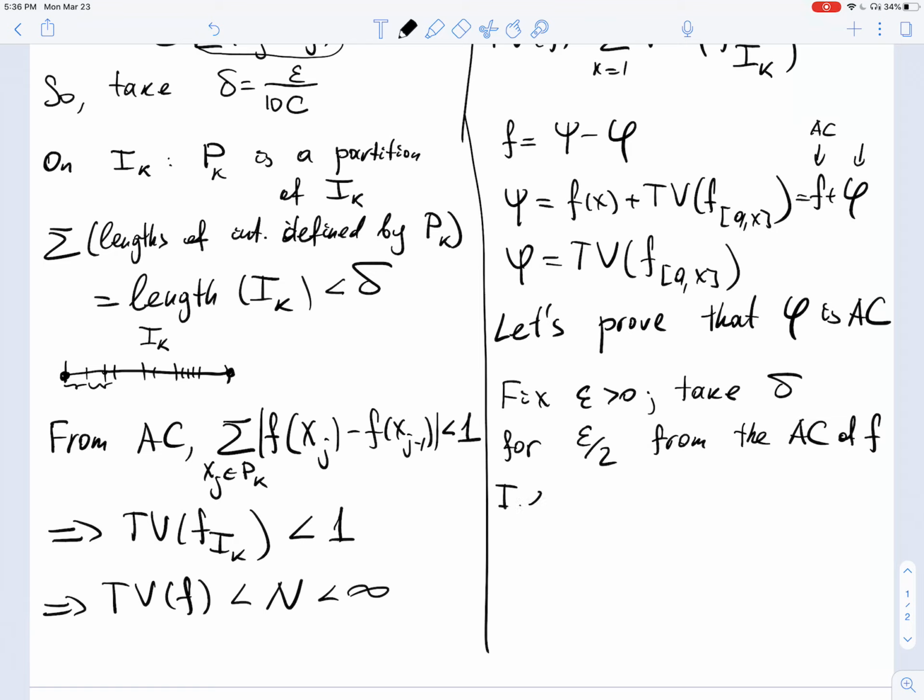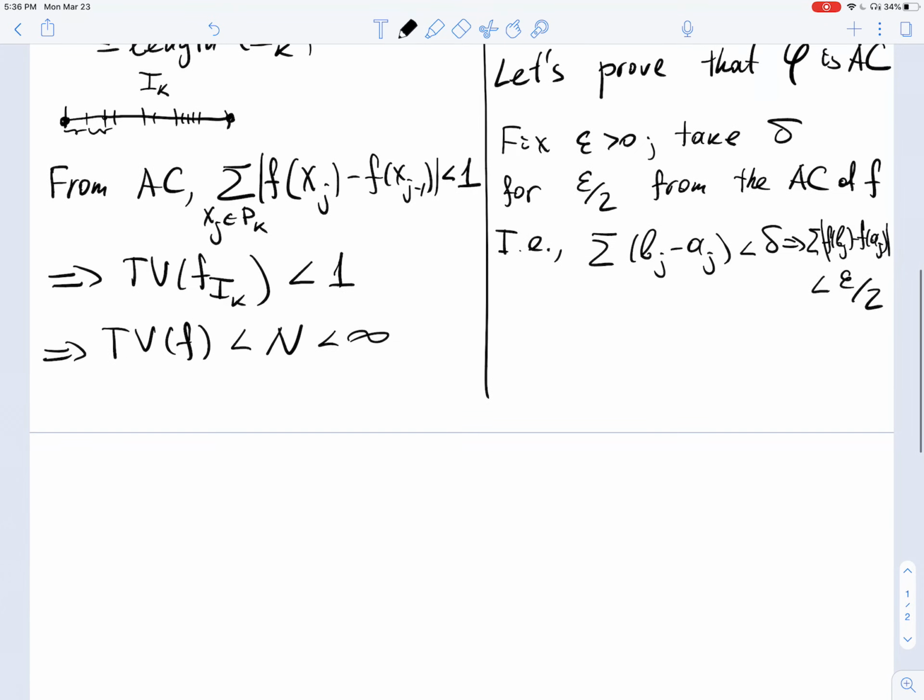So that is, if the sum of bj minus aj is less than delta, and they're disjoint, this implies that the sum of f of bj minus f of aj is less than epsilon over 2. I can always do this because I can do this for any epsilon, so in particular for epsilon over 2.